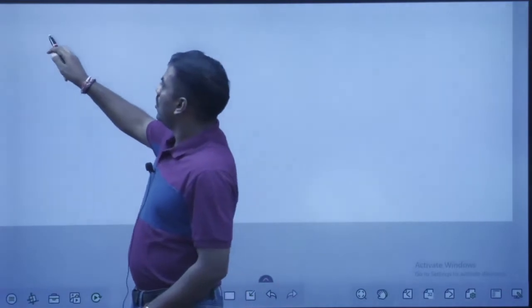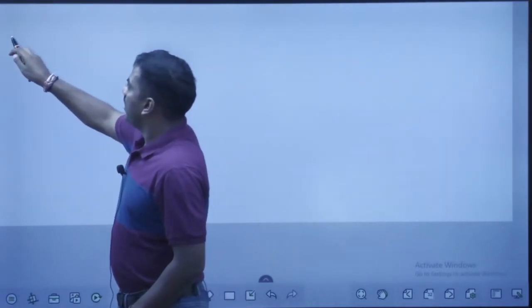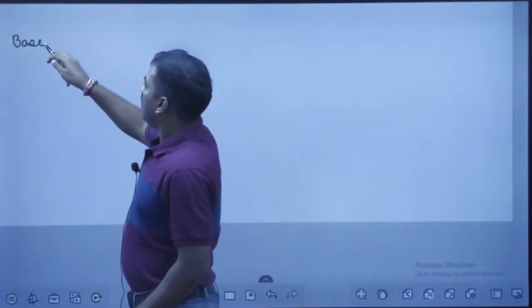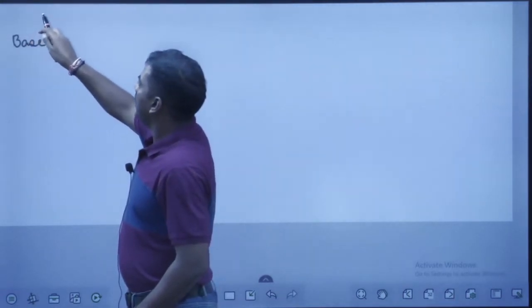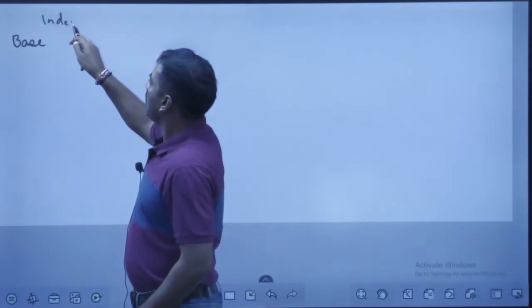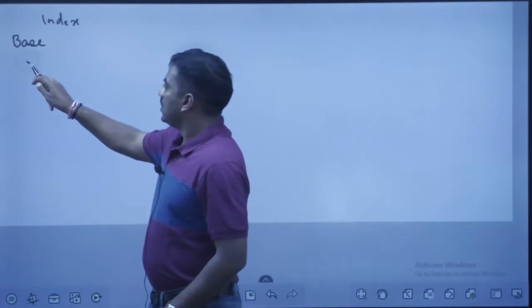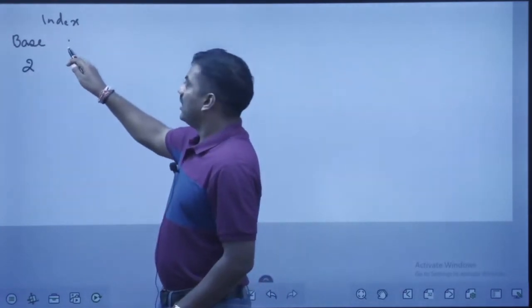Take any power of a number, let's say 2. Here I'll write the base, here I'll write the index. So base 2 and the index is, let's say, 1.